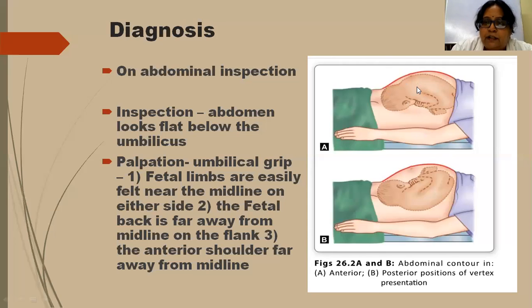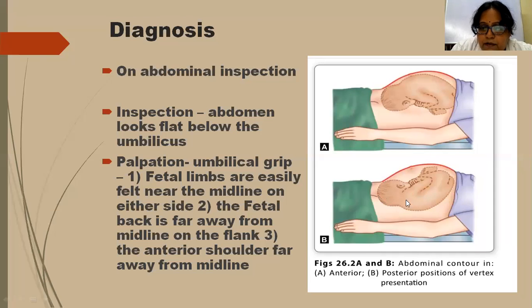And on palpation, in the umbilical grip, where you place both hands on the lateral sides and feel for the back and the limbs of the baby, the fetal limbs are felt near the midline or in either of the flanks, and the fetal back is far away from the midline, in the flank, in case of occipito-posterior position.